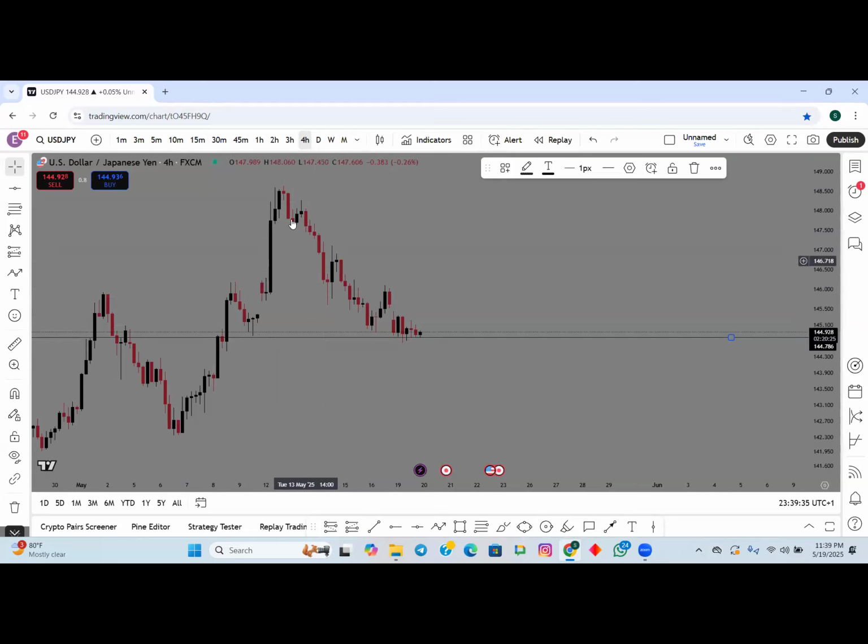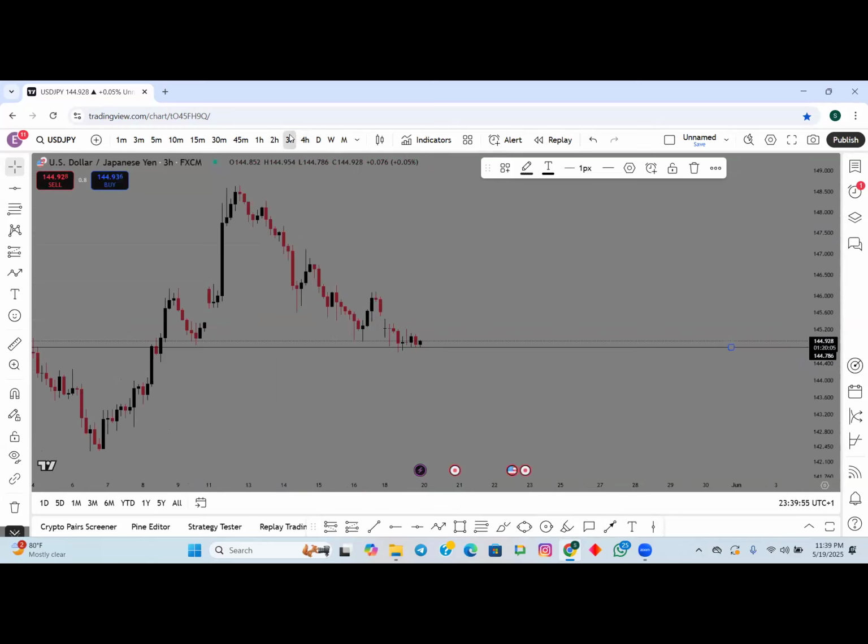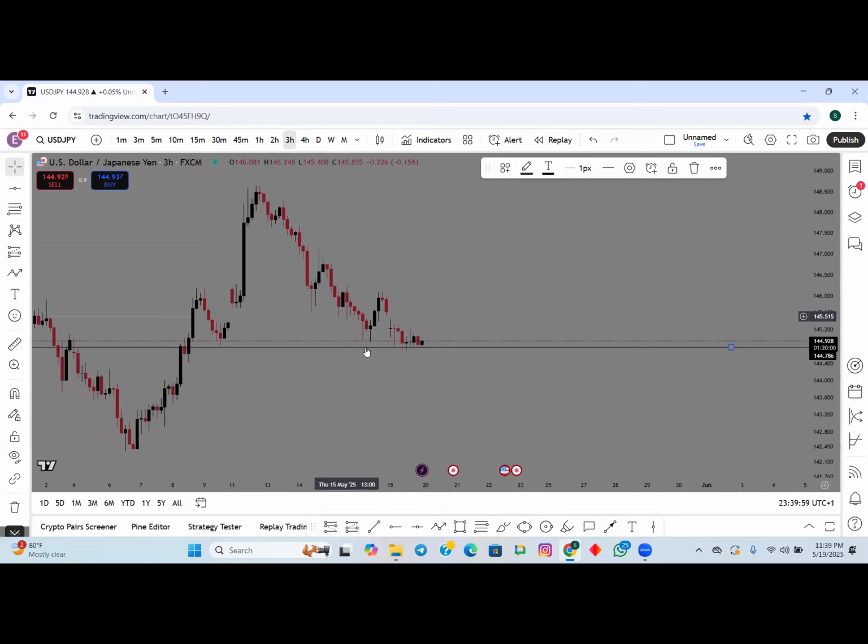For me to enter these buys, I'll get a clear confirmation that price is trying to buy from this zone here. So for me to engage in this buy, I'll be scaling down gradually to my lower time frame, the 3 hour time frame.